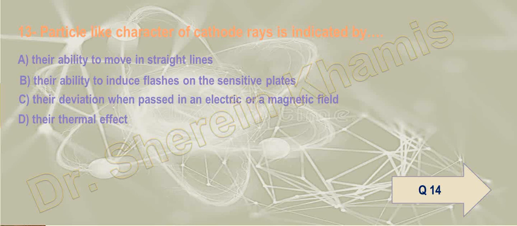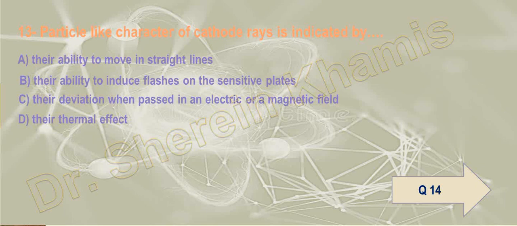We mentioned before that there is a different character that belongs to cathode rays only. They are negatively charged, so they make a deviation, and they are affected by both electric and magnetic fields.